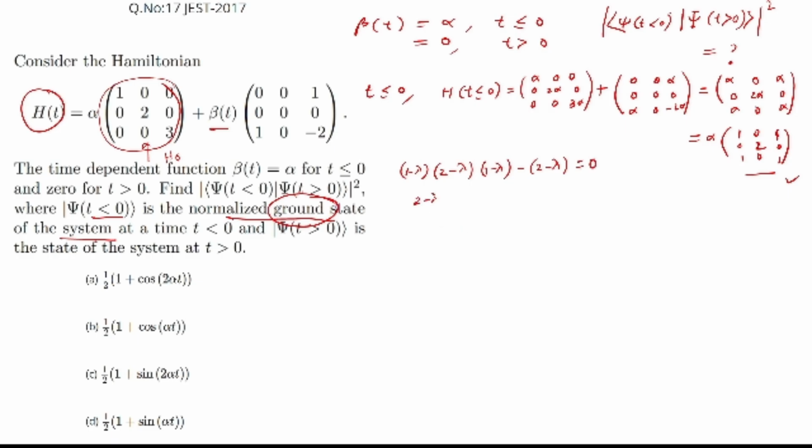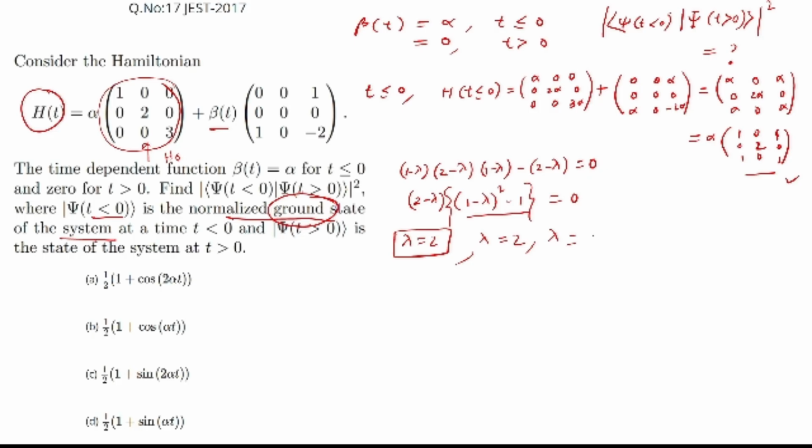So 2 minus lambda into (1 minus lambda squared minus 1) equals 0. So lambda equals 2 is there, and from here we also get one lambda equals 0, another lambda is 2, and another one is lambda equals to what?